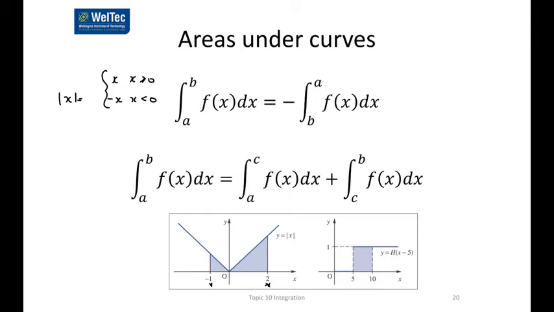The part of it where x is negative is between 0 and -1, so that's one part of our graph, and then our other part of the graph is where x is positive, between 0 and 2.